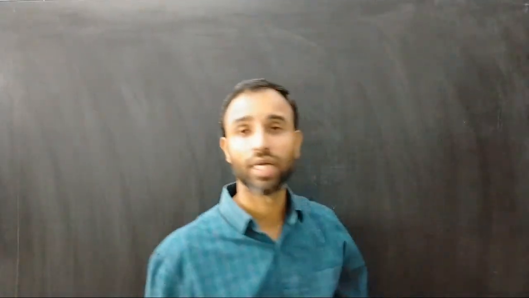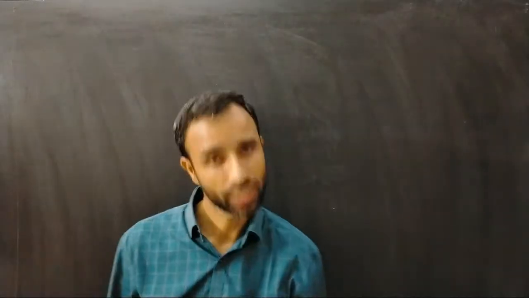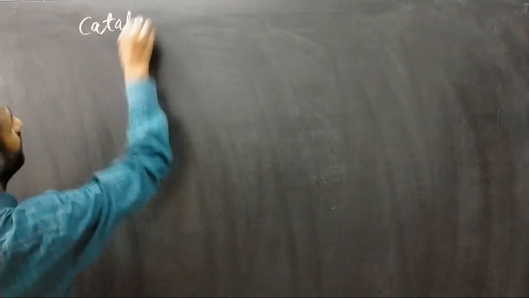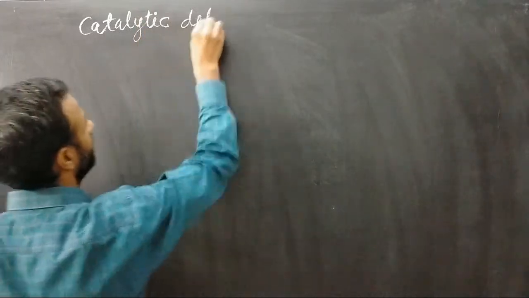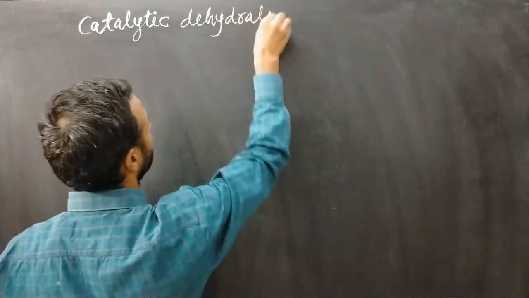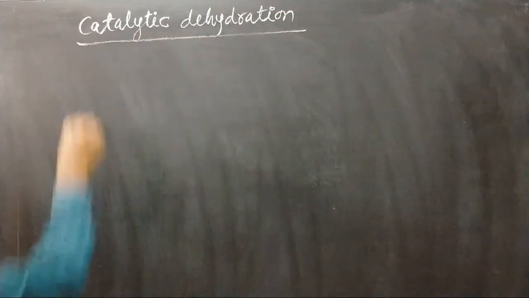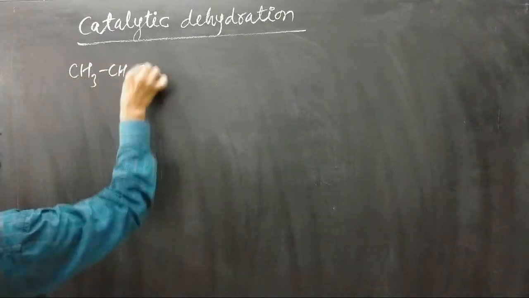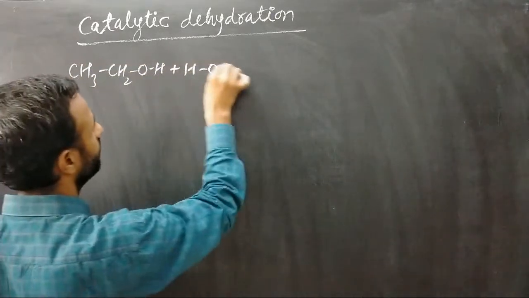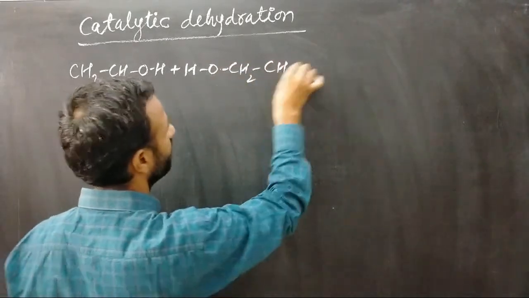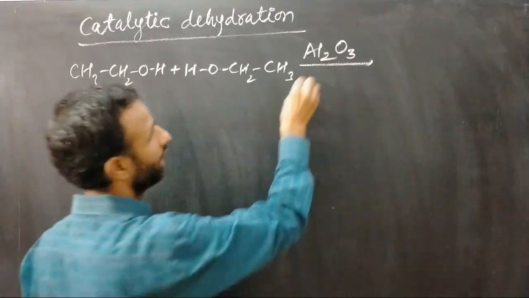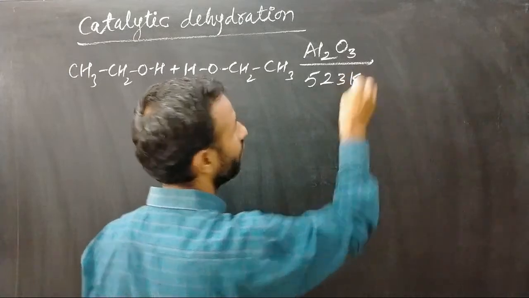So this is dehydration of alcohol to ether. Now next is catalytic dehydration. In catalytic dehydration, what we do, we have alcohol, 2 molecules of alcohol in the presence of Al2O3 at 523 Kelvin.